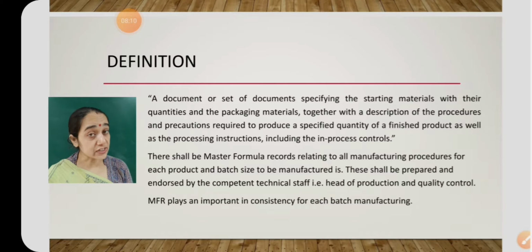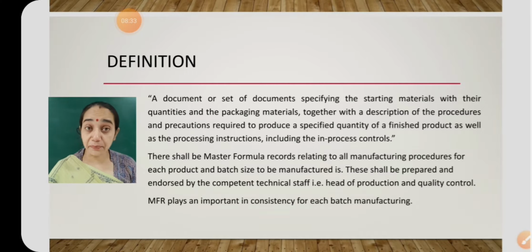And once the product has been formulated, it will be assessed for its quality. Then the head of the quality control department as well as the head of the production department have the authority; they are the signatory authorities who will endorse whether this record is valid or not.